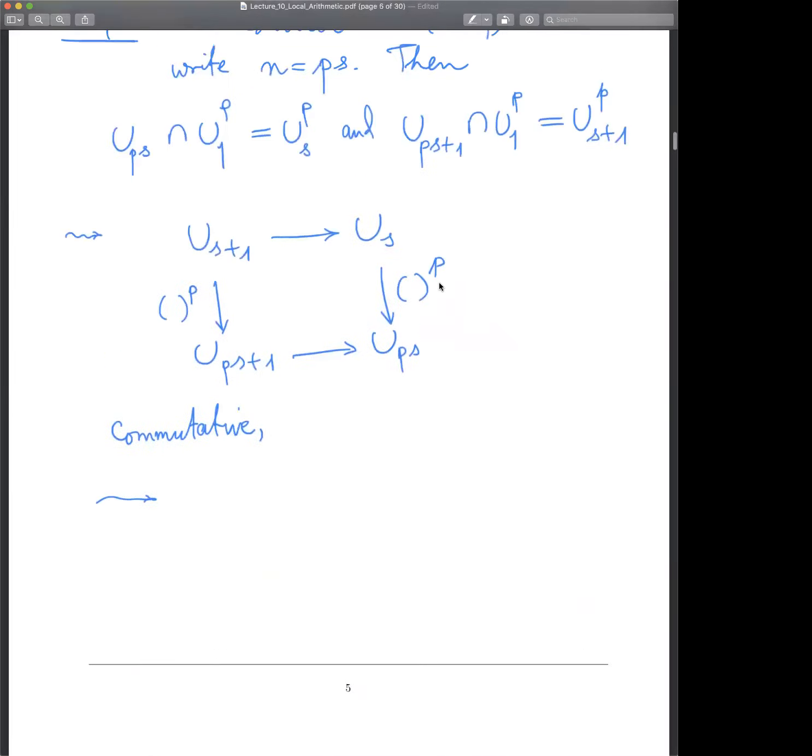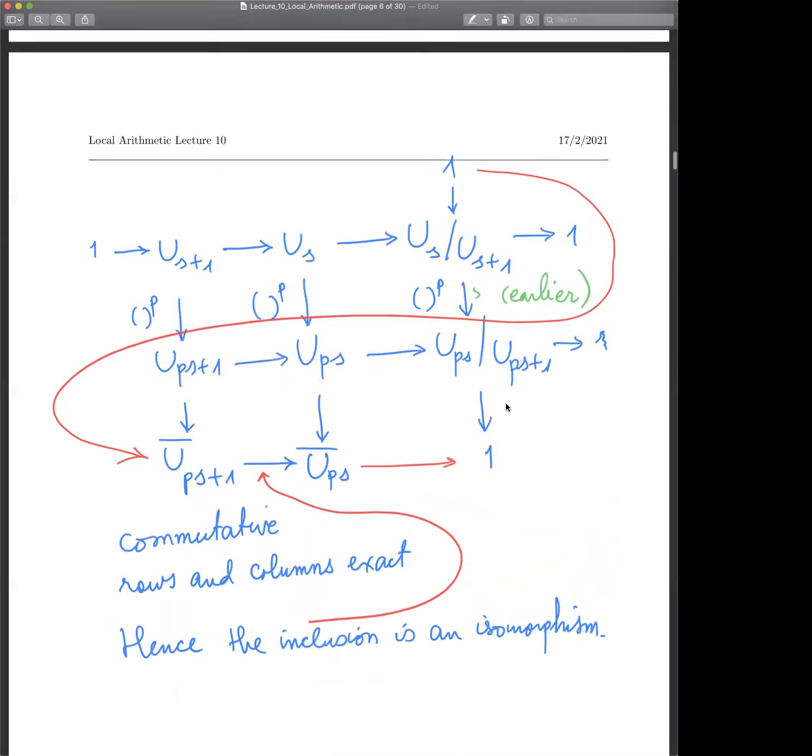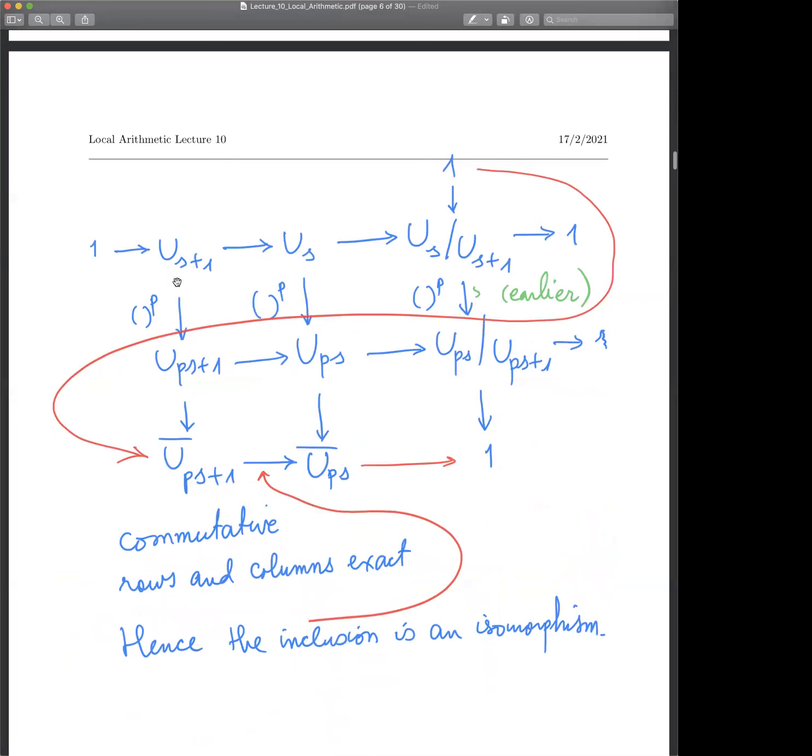That's what we had noted here. U_{ps+1} intersection with U_1^p is U_{s+1} to the power p. So the image of this U_{s+1} here is precisely the subgroup modulo which I have to go in order to get U_{ps+1} bar. In other words, the co-kernel of this map is this, and the co-kernel of this map is this.